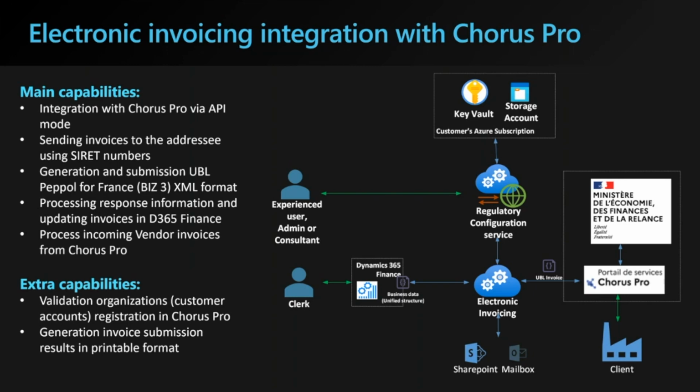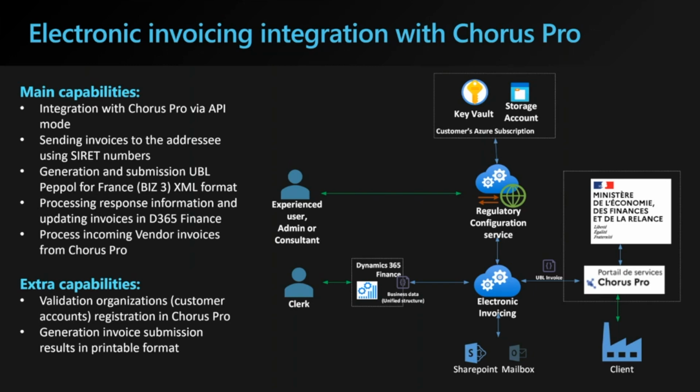Marek did an introduction in the very beginning, or a refresh, to electronic invoicing and how it can be configured. Here, with the regulatory configuration service, it is possible either to use the functionality as is, out of the box, what Microsoft provides, with setting up additional required parameters, or you can change the functionality or adjust it according to your business process as needed.